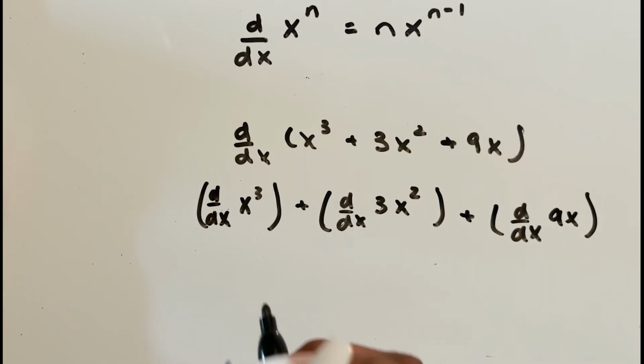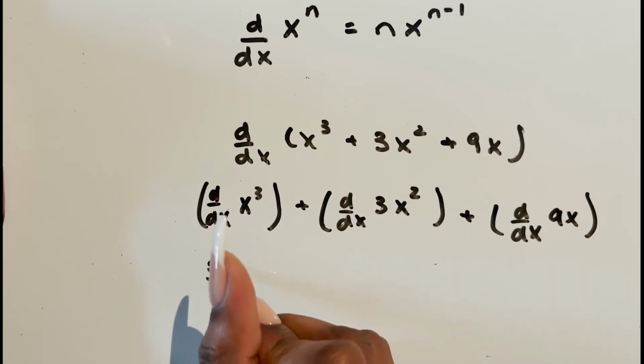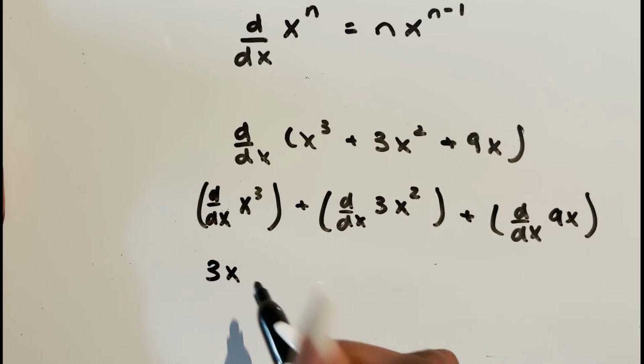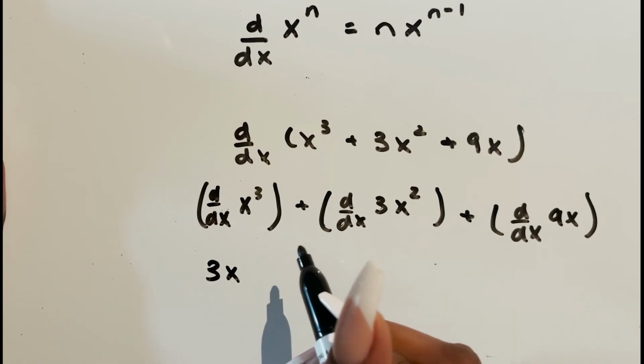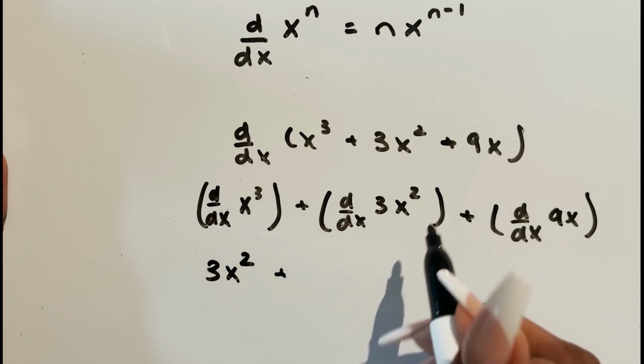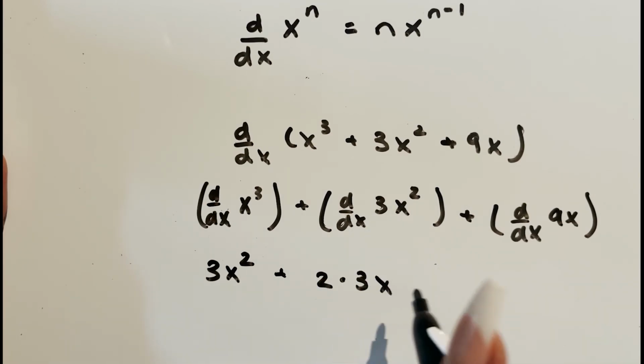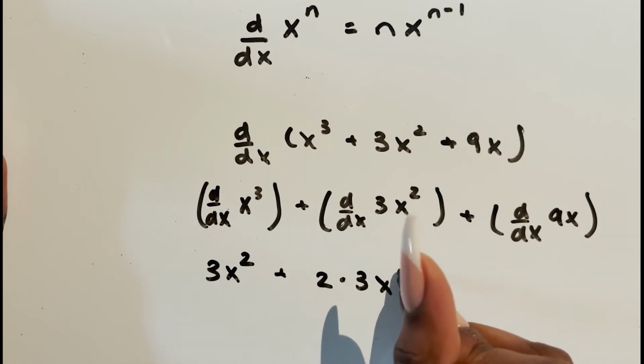Solving our first term, the derivative of x cubed, we'll bring the 3 to the front, multiply it times x, and then 3 minus 1 equals 2. So that's 3x squared. Moving on to our second term, we'll bring the 2 to the front and multiply it times 3x, and then 2 minus 1 equals 1.